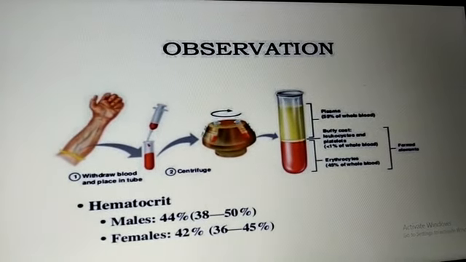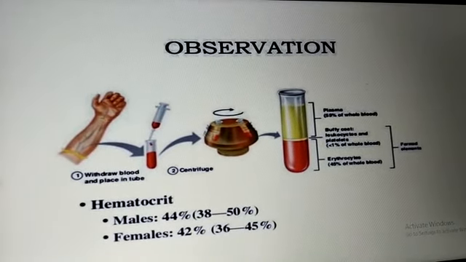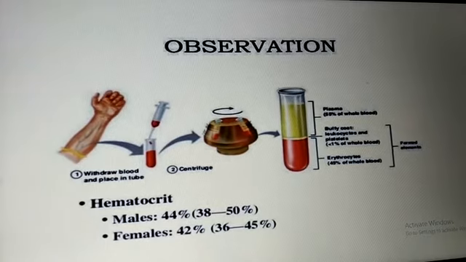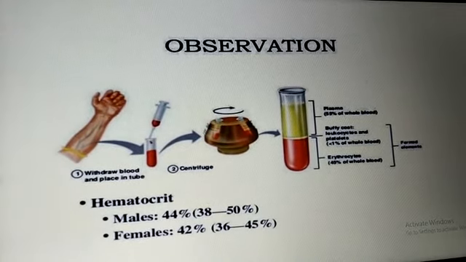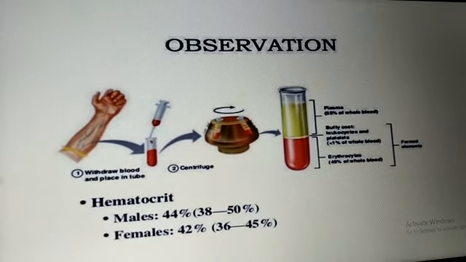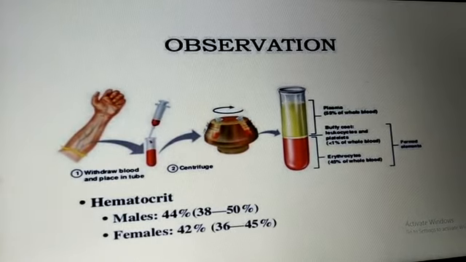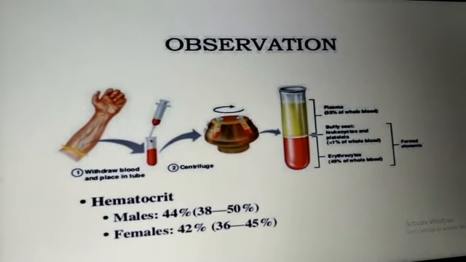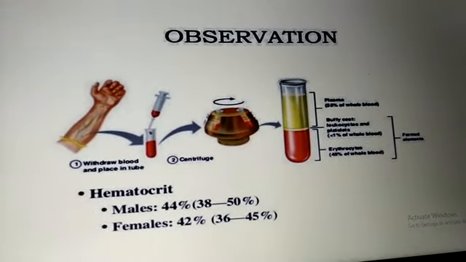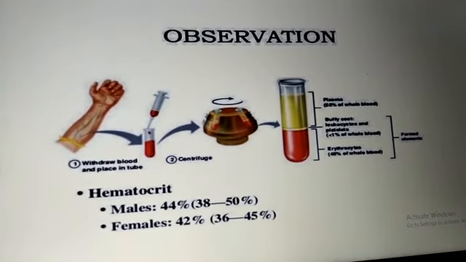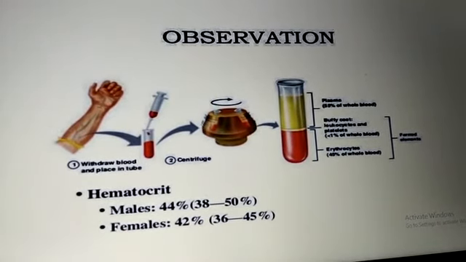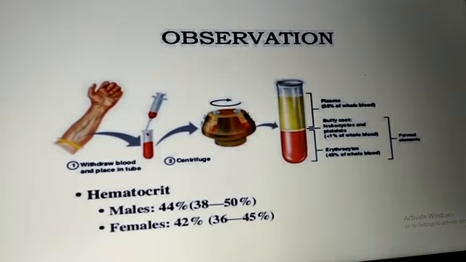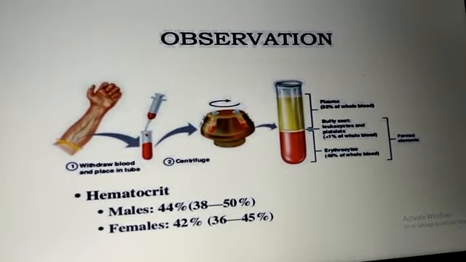Buffy coat means WBC and platelets. We measure the red colored layer, that means the RBC site. So that means at the packed cell side, we have to take the reading.